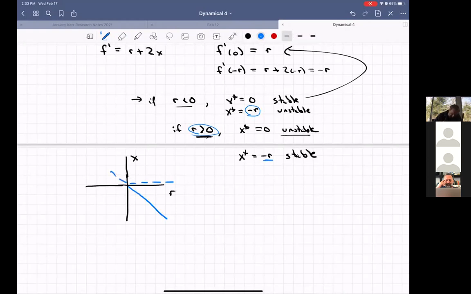And then this one is unstable and that one's stable. So this is a transcritical bifurcation. This one's going to have a transcritical bifurcation.